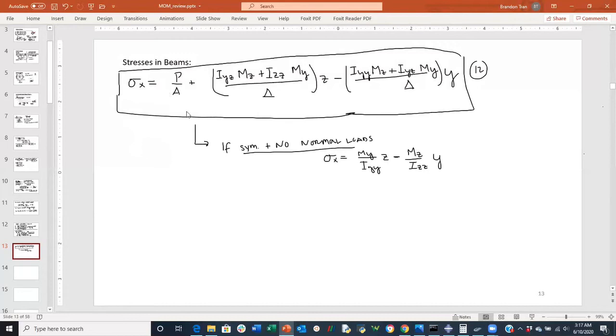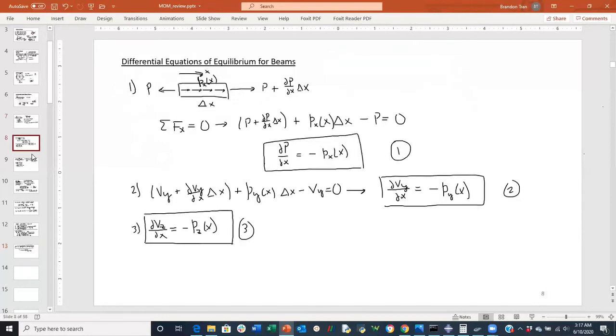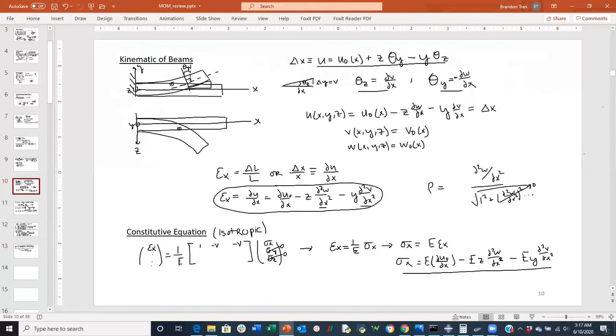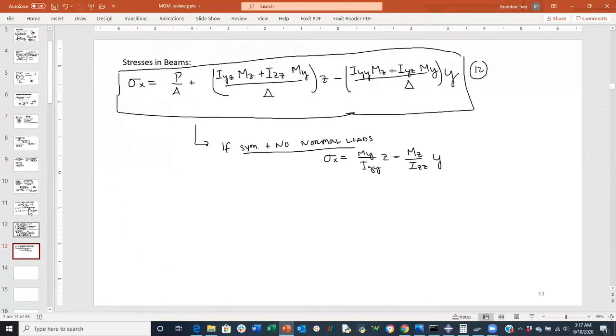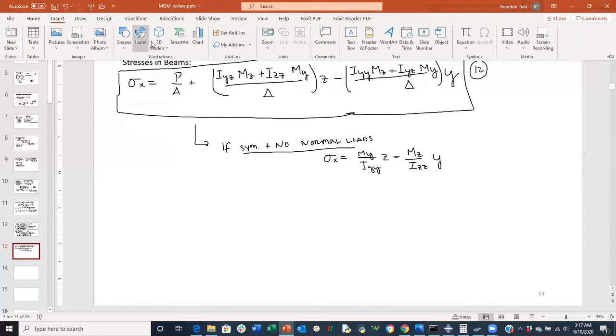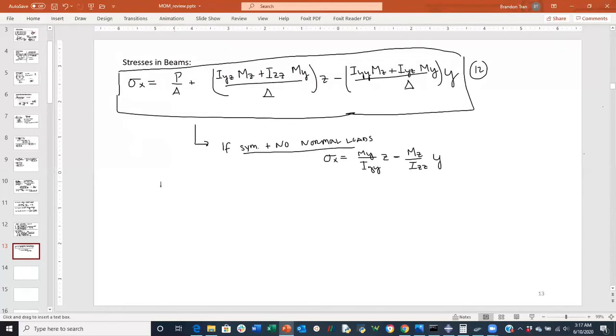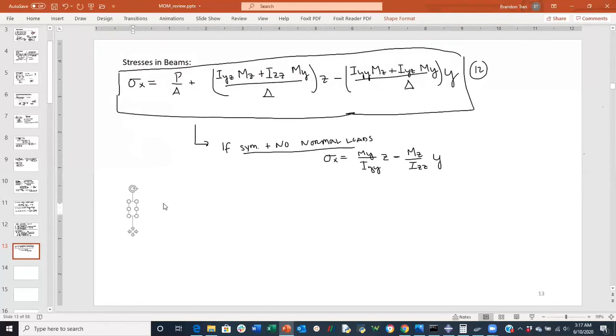Okay, so yeah, essentially we have now the stresses in the beam, which is a very powerful statement in itself. So now that we have all these derivations and we have all these equations we can use, how do you use this for your specific application? Now, we go ahead and insert. So steps to use this derivation.